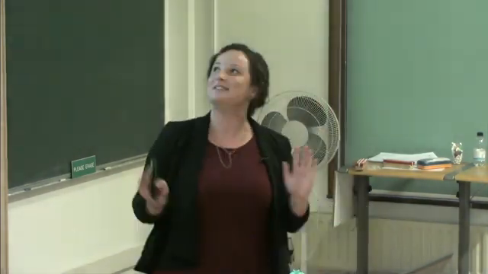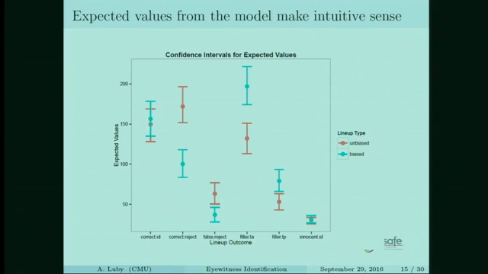So after I did this, the first thing I do is, okay, do the expected values make sense? Did I screw it up? And no, I don't think I did. These are the expected values from the model using the log linear model.